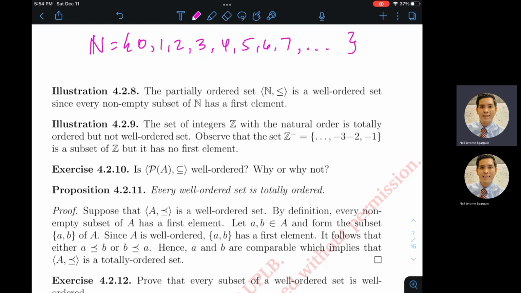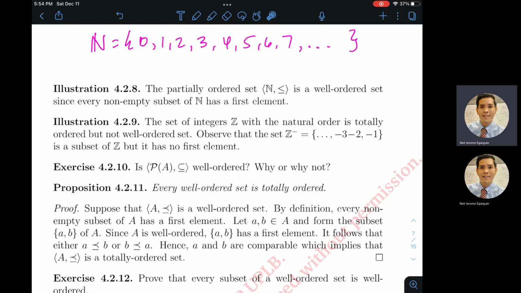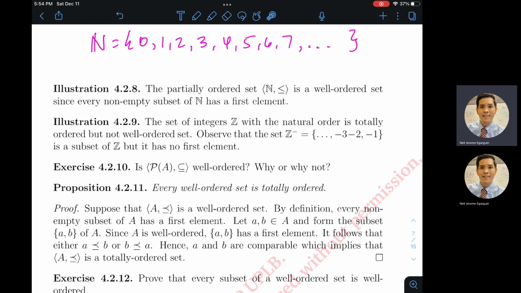So pwede nyo tingnan itong listahan ko na to as the poset diagram. Kasi pag nasa kaliwa siya, ibig sabihin it will precede anything on the right. Kasi natural order lang naman yan. So pag kumuha ako ng kahit anong subset ni N, guaranteed na may makukuha akong least element. Right? So that means this is a well-ordered set. This guy together with the natural order is well ordered.